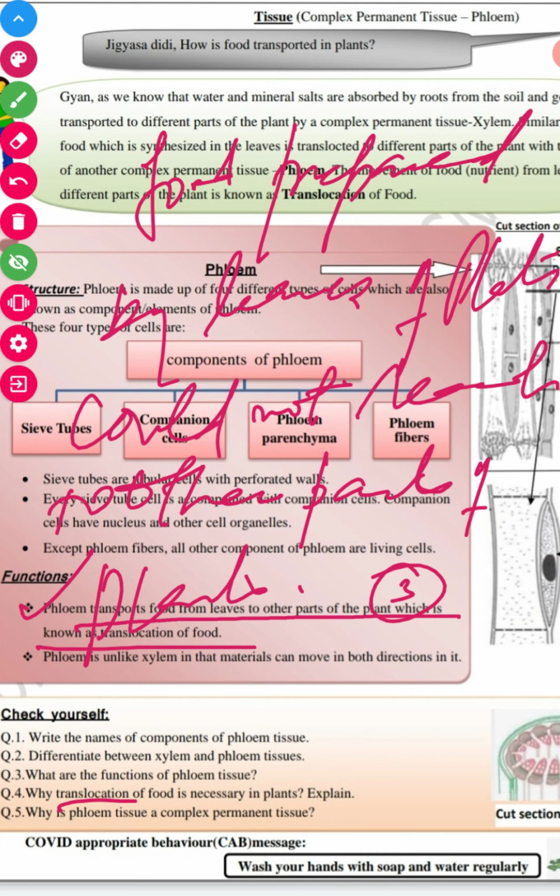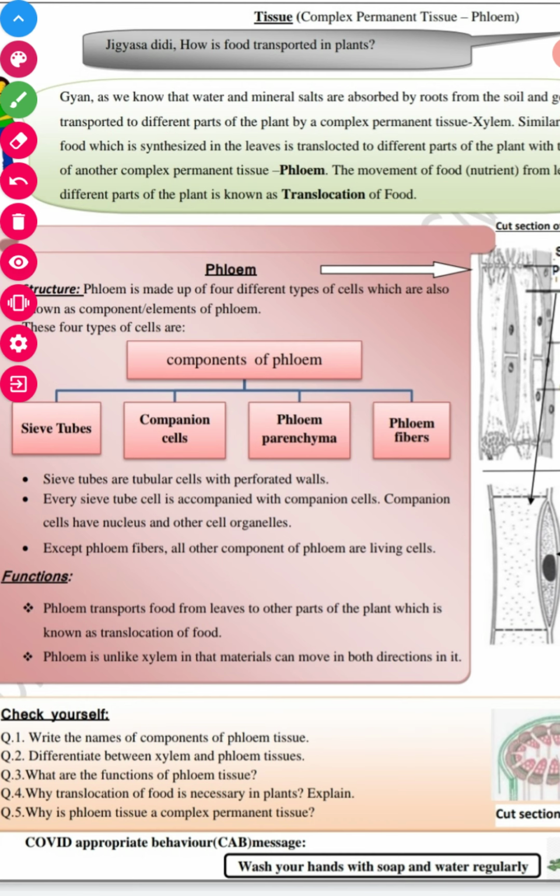Why is phloem tissue called complex permanent tissue? In our previous worksheet, we have already discussed how these complex permanent tissues form.